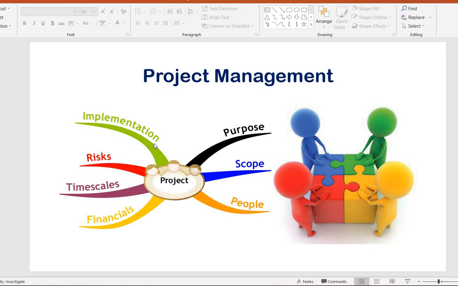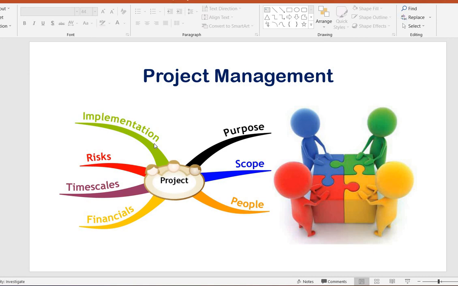A project is not necessarily a very big organizational activity, or something with a very large scope and span. A project may be anything: a small project which you are doing at student level, a project where nowadays startups are involved, or some new activity or new venture.